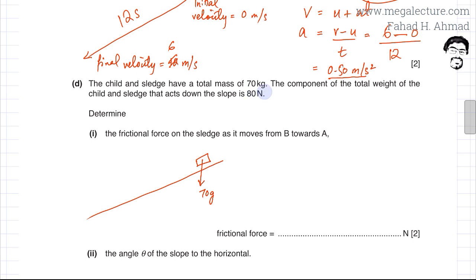So this is the force that's acting downwards. The component of the total weight of the child and sledge that acts down the slope is 80 newtons.